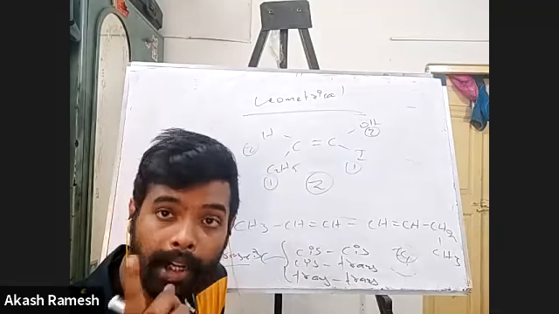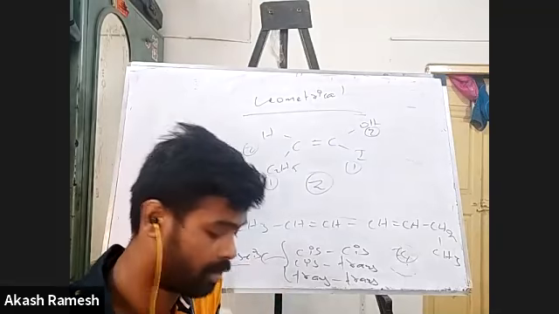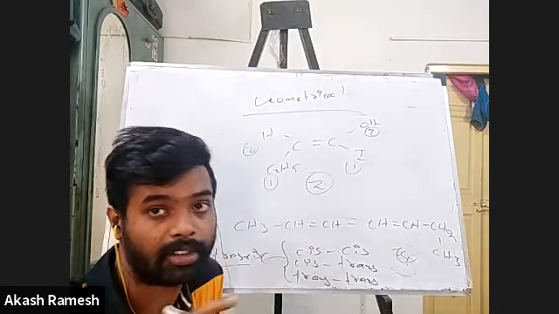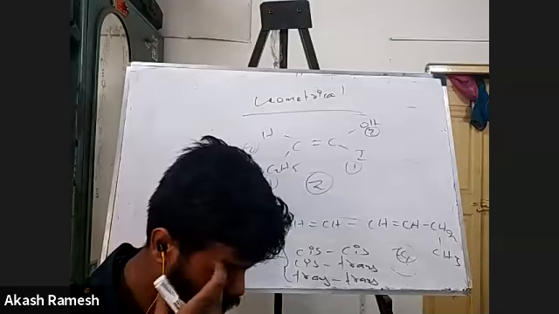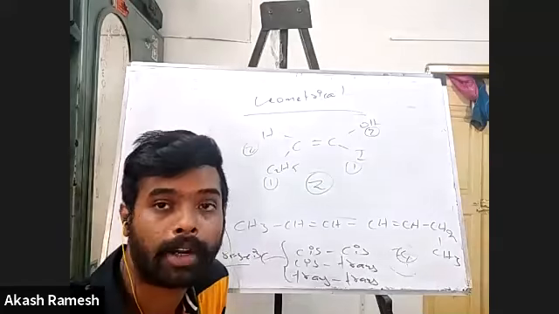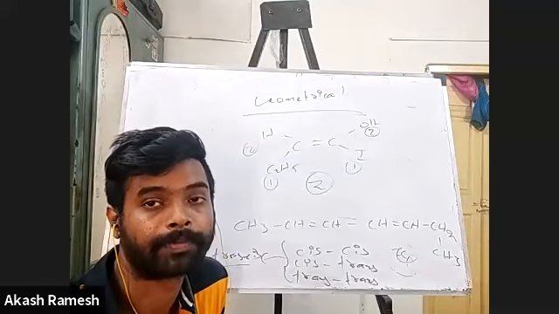So they're asking you only alkenes, because obviously for C5H10 I can even draw ring structures. That you should not go for, right? They're telling only alkene isomers. How many such alkene isomers are possible?